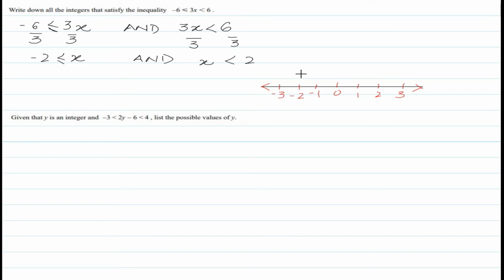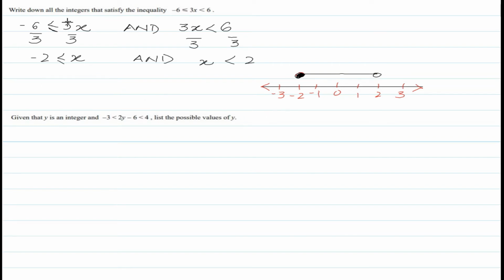If you look at the answers, they are more than or equal to minus 2, including minus 2. Minus 2 is included in your answers. And your answers, they are less than 2. There is no equal sign for 2, so we draw a hollow circle here.